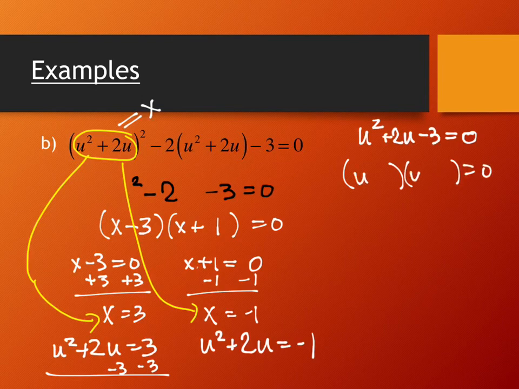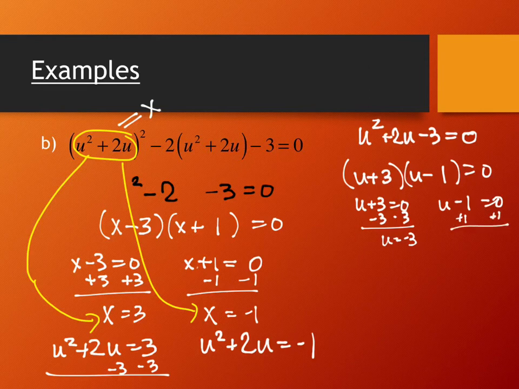I've got u's, my signs don't match, but now I want a positive 2 in the middle, so I have positive 3, negative 1. I set each part equal to 0. So u is negative 3, and u is positive 1. So I have 2 possible answers. I'll come back to check them in a moment.